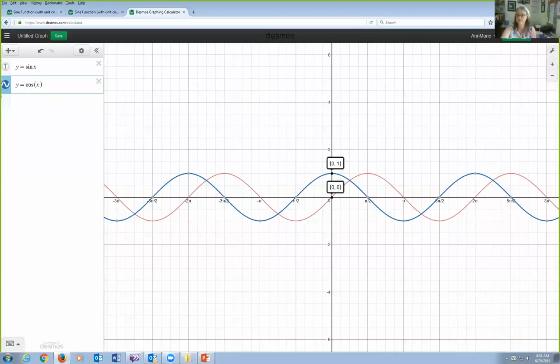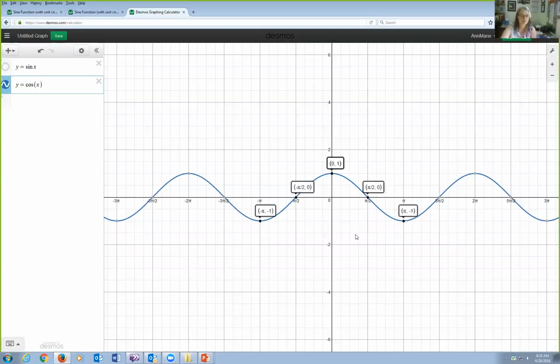Notice if I look at, for example, an angle of negative pi and pi, we get the same cosine. Pi over 2 and negative pi over 2. That angle there and the corresponding one right there, 0.77 and negative 0.77, both have a cosine of 0.718.